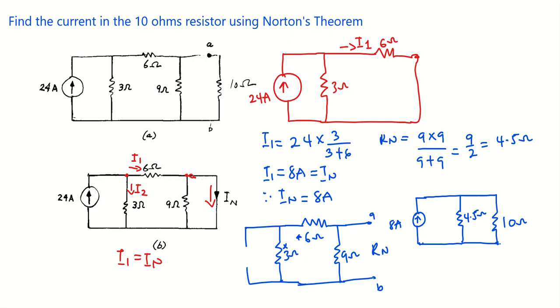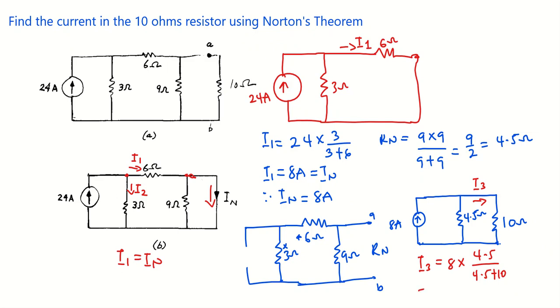Now we can use the current division rule, okay, to find the current flowing through the 10 ohms resistor. So let's name that current I3. We're going to have I3 equal to 8, okay, multiplying 4.5 divided by 4.5 plus 10, right?